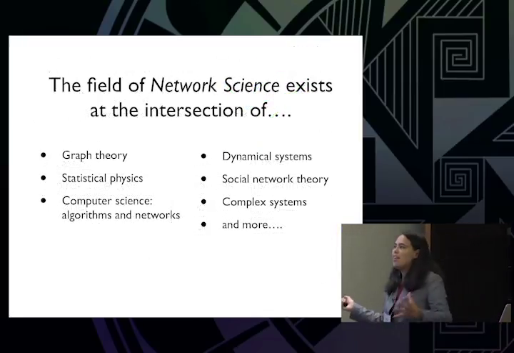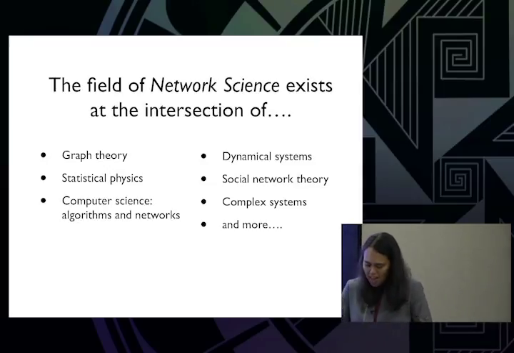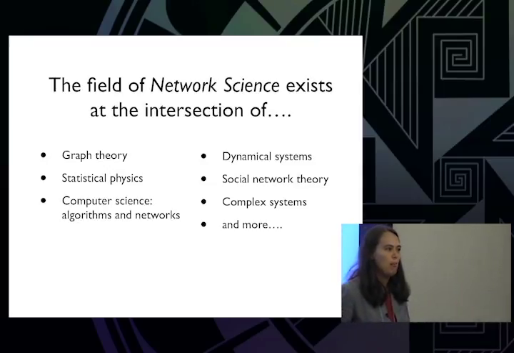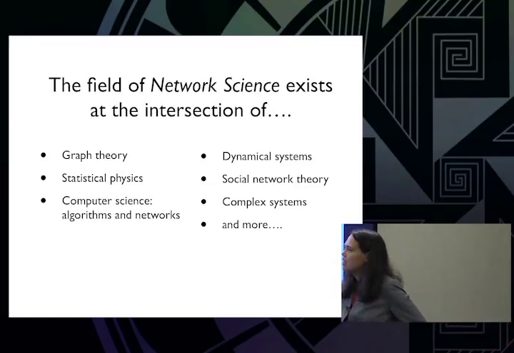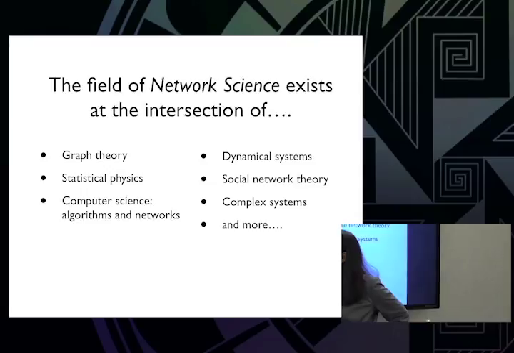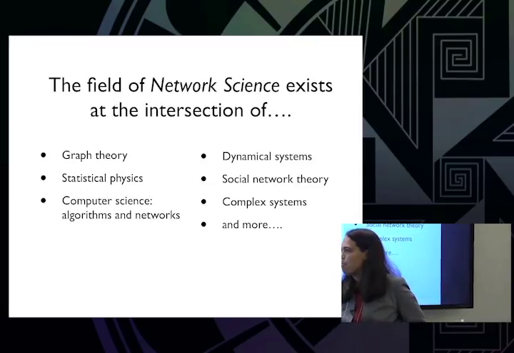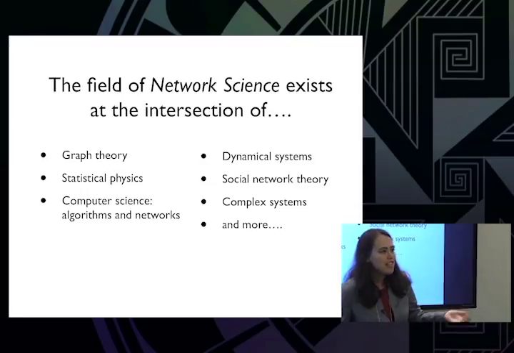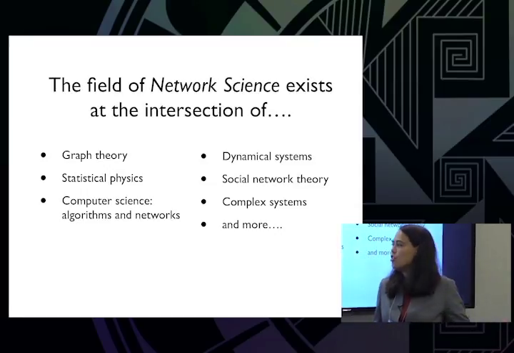So once we define what our nodes and links are, what kind of tools are we drawing from to do this type of network analysis? Well, we're drawing from a lot of different kinds of tools. So graph theory from mathematics. I'm a physicist, and our other morning speaker, Hernan, is also a physicist.